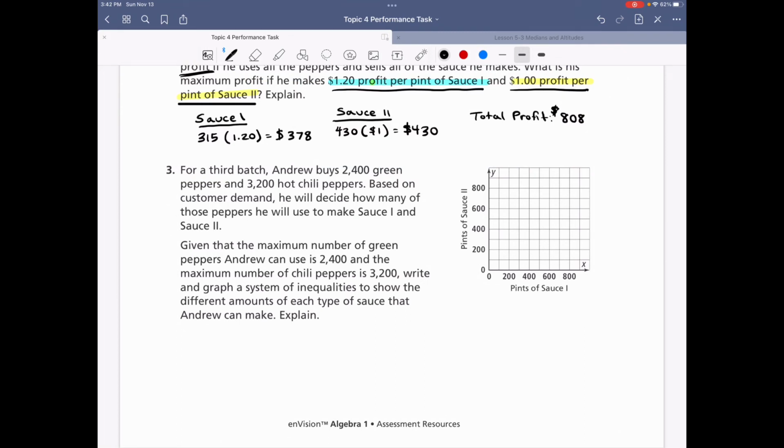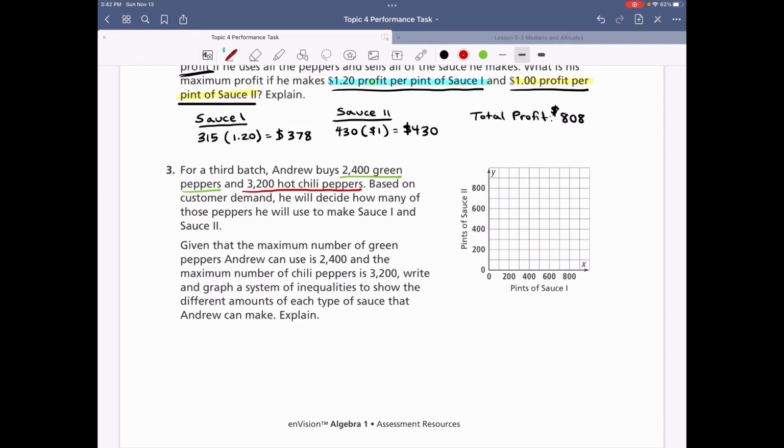For a third batch, Andrew buys 2,400 green peppers and 3,200 hot chili peppers. That's the maximum he can use. And that's why he bought these based on customer demand.